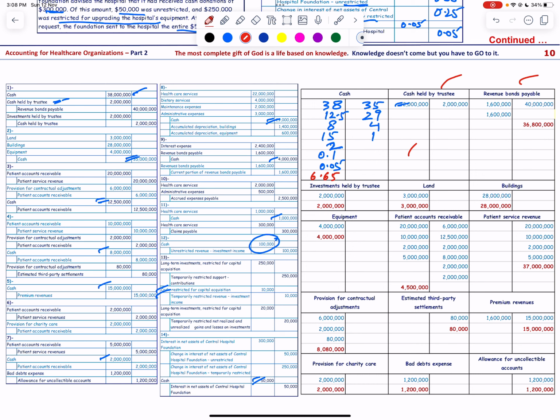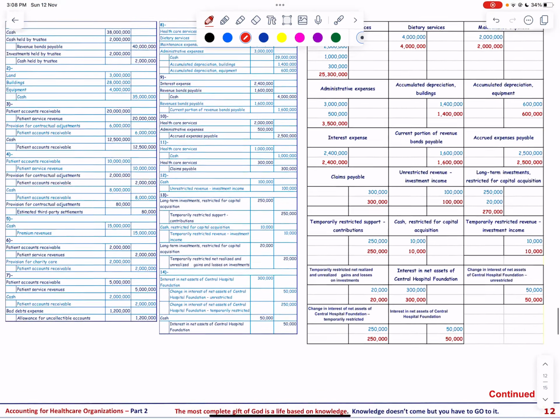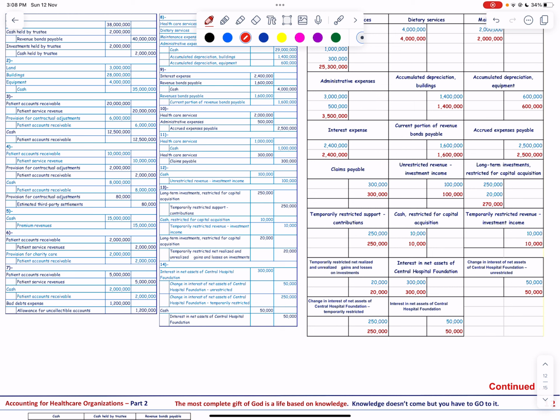Rest you can definitely make the T accounts for all the accounts that are here, and I'm sure you know how to get the balances for each account. So for all the journal entries and all the accounts, there is a T account, and I have put them over here for your convenience. I would advise you to do this exercise on your own if you want to have a solid understanding of it.